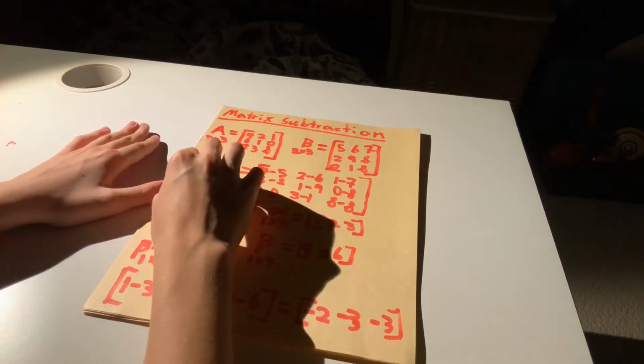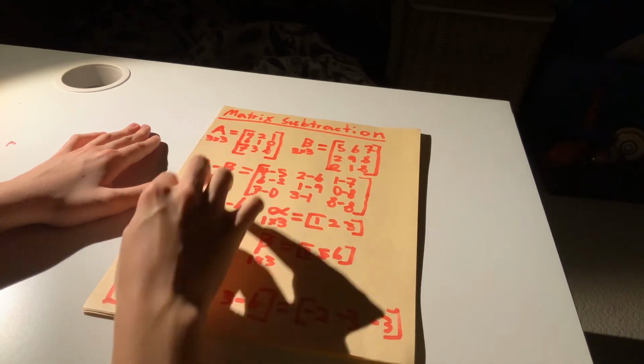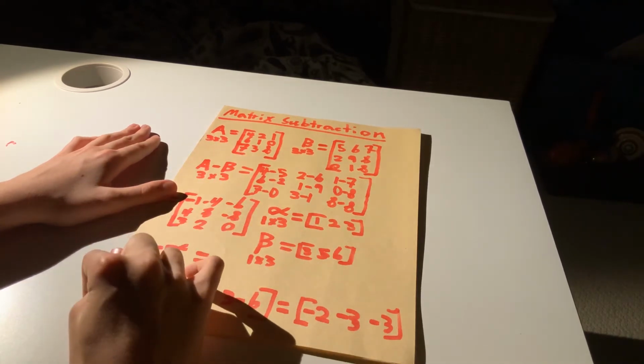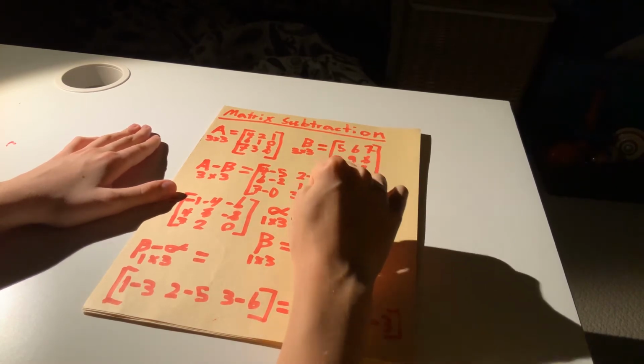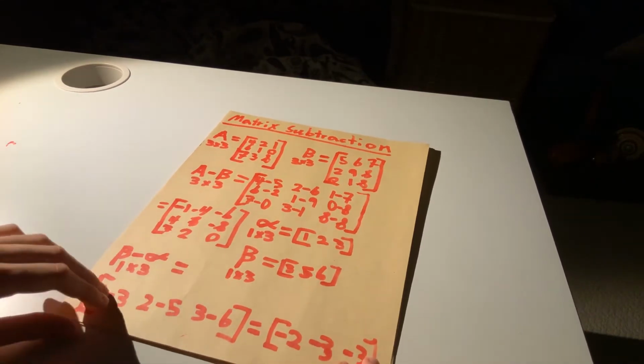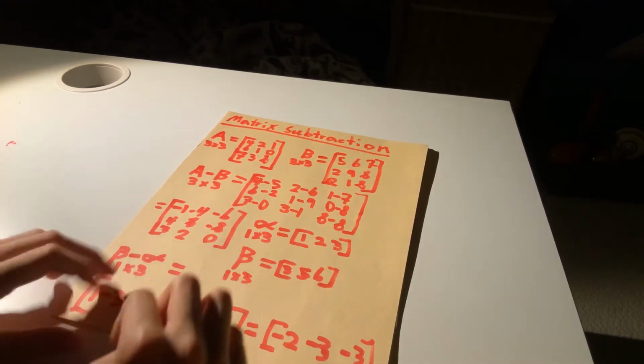So if this one's 3 by 3, this one also has to be 3 by 3. If this one's 2 by 3, this one also has to be 2 by 3, etc. But instead of adding the terms, you just subtract the terms, finding the difference of the terms. So I think that makes sense. I just did a few examples here. We used alpha and beta just for grins.